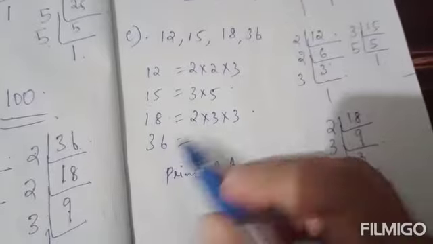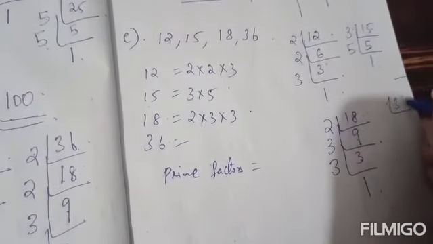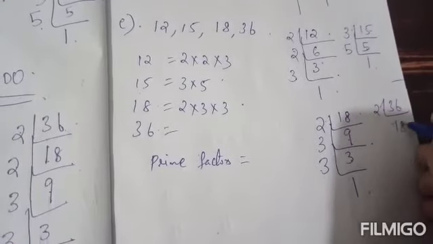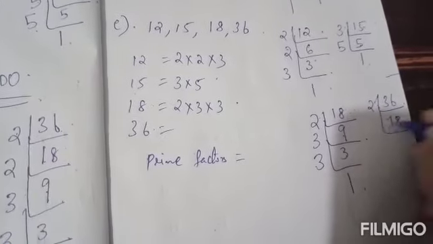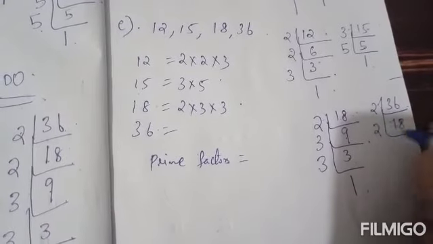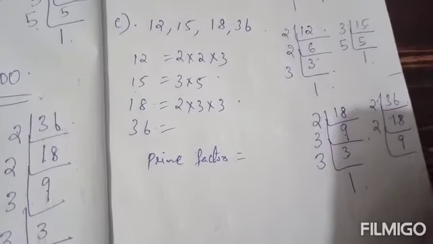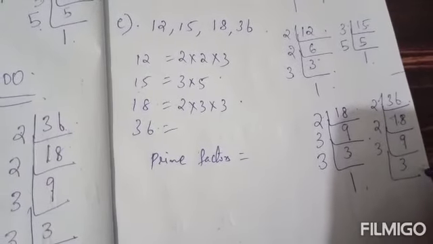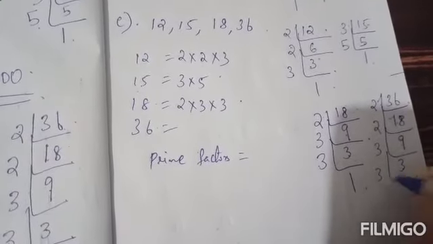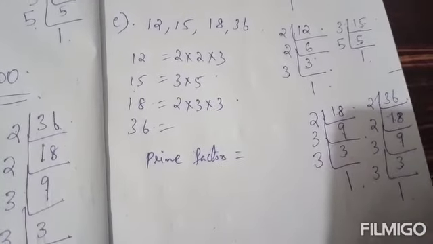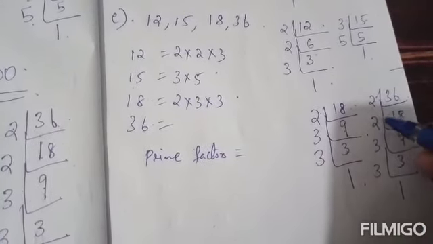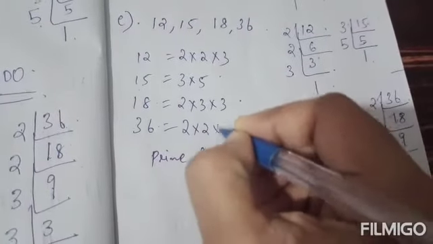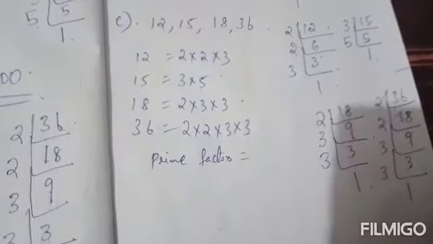Okay, next 36. 36 on dividing by 2, you will get 18. 18 on dividing by 2, you will get 9. 9 on dividing by 3, you will get 3. 3 on dividing by 3, 1. Okay, so 36 equal to 2 into 2 into 3 into 3.